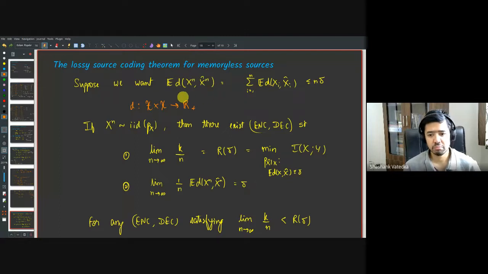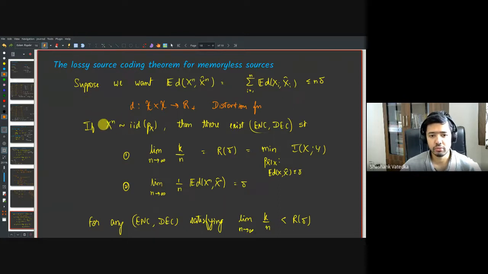So we need some measure of reliability of the compression algorithm. For a fixed distortion function, we want to know what is the minimum rate of compression that we can achieve, where the target distortion is n times delta. Let's say that the mean squared error must be less than or equal to n times delta.